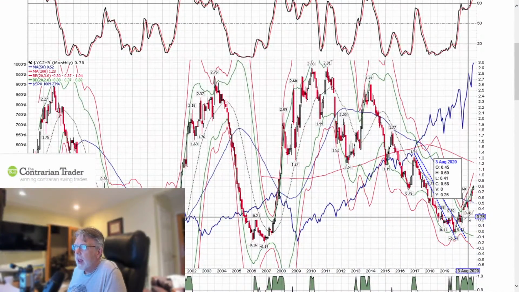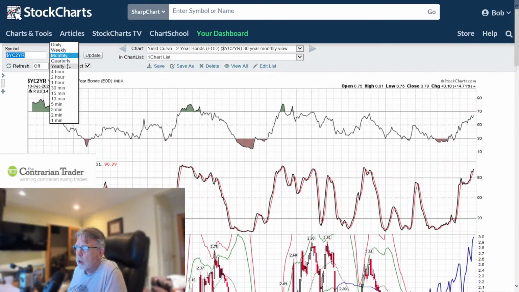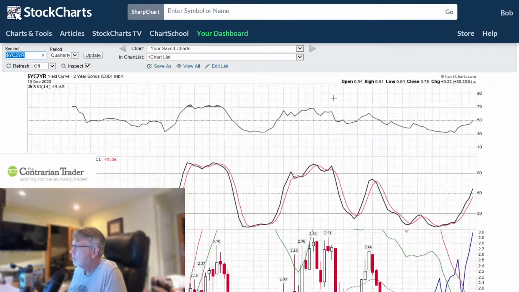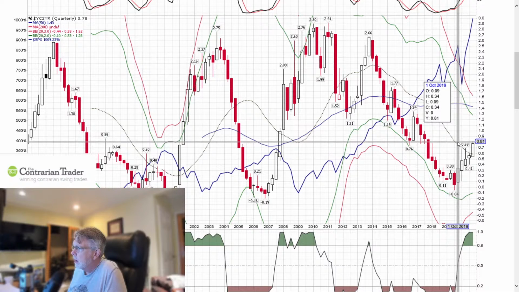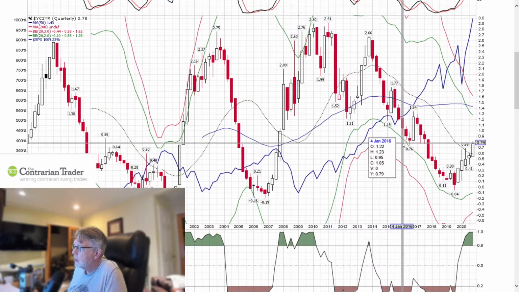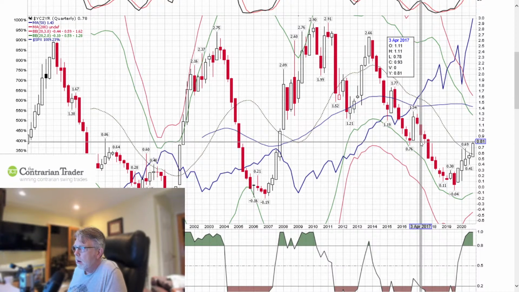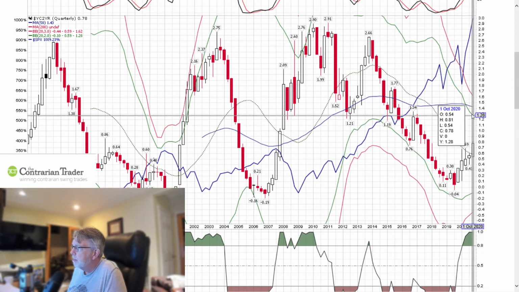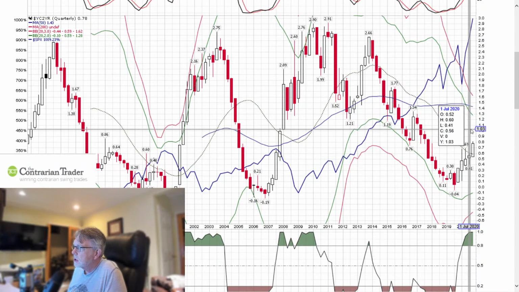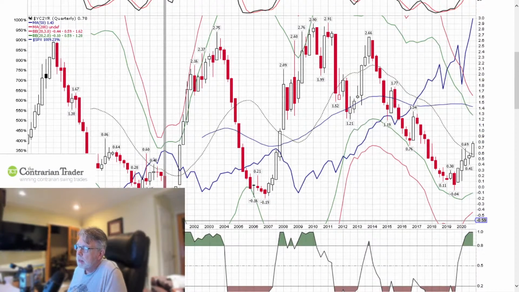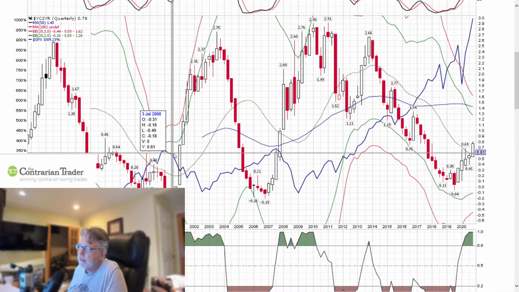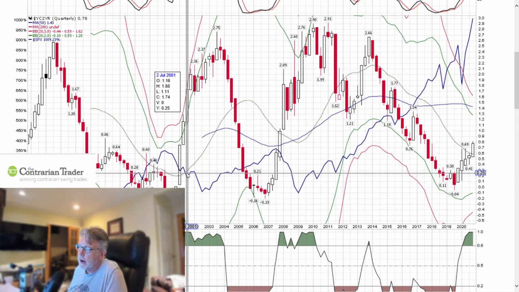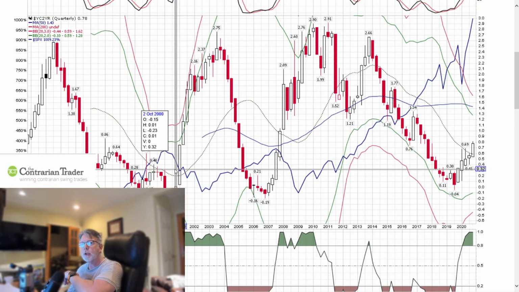We have warning flags on the track. Where's my quarterly chart? There we go. Here's a quarterly view. We are flirting with major resistance. And if we begin to break out, my guess is at some point in time, because you can see in years past where the yield curve has steepened, the S&P 500, which is in blue here, overlaid, goes the opposite direction.